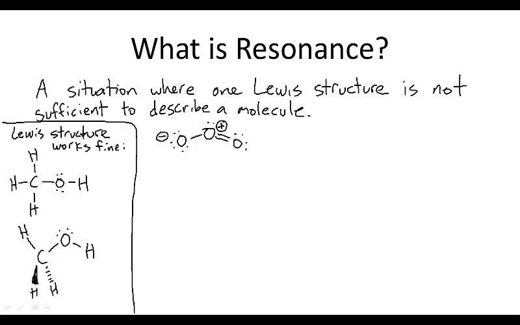If I draw this Lewis structure for ozone, it makes me think that ozone molecules have a single bond and a double bond. They have a positive oxygen in the middle, a negative oxygen on one side, and a neutral oxygen on the other side. The problem is when you look at the actual structure of ozone, that's not what you see.